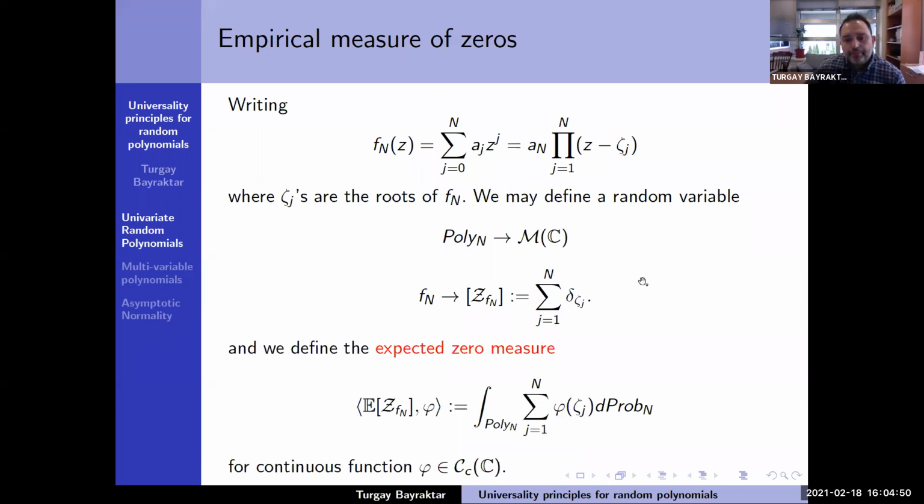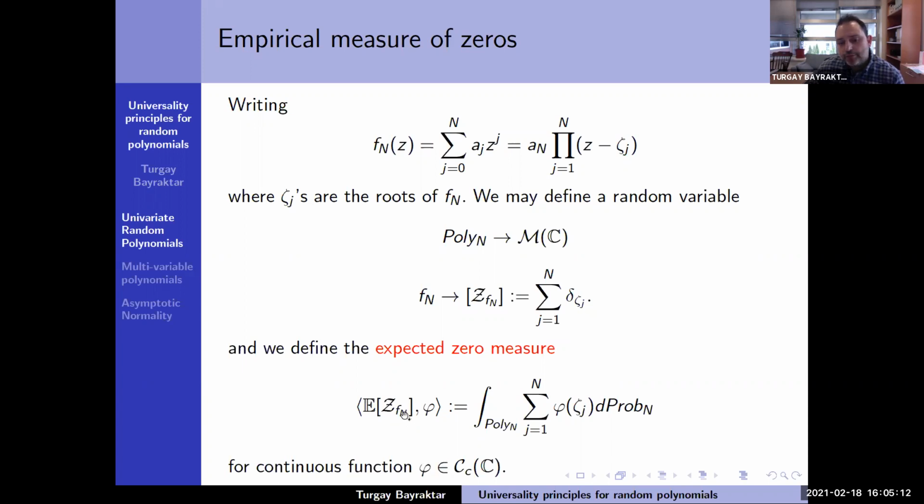And so you can talk about the expected value of this random variable. Of course, it's going to be a measure valued object. So in order to define it, you take a continuous function with compact support, in other words, a test function on the complex plane.